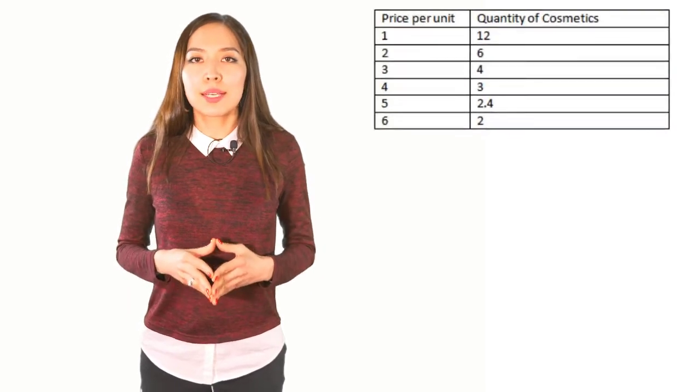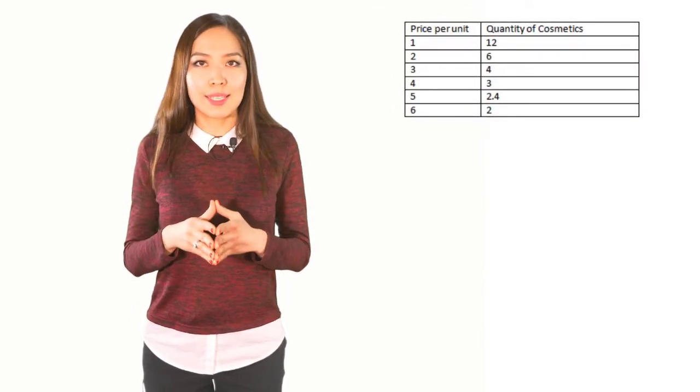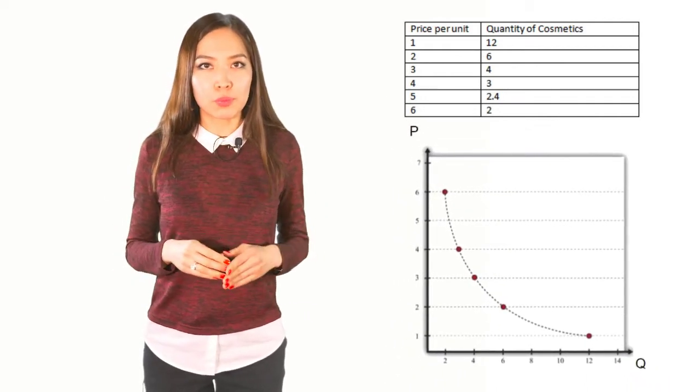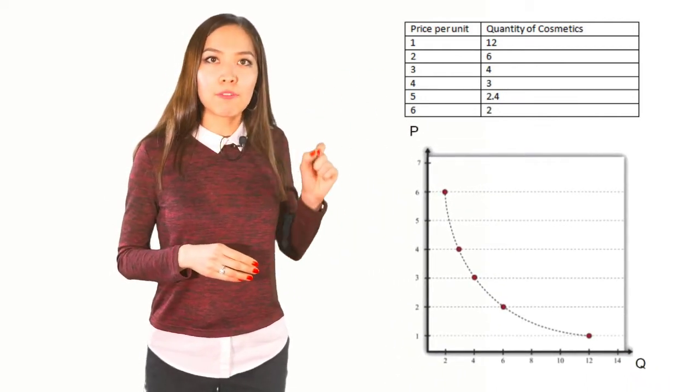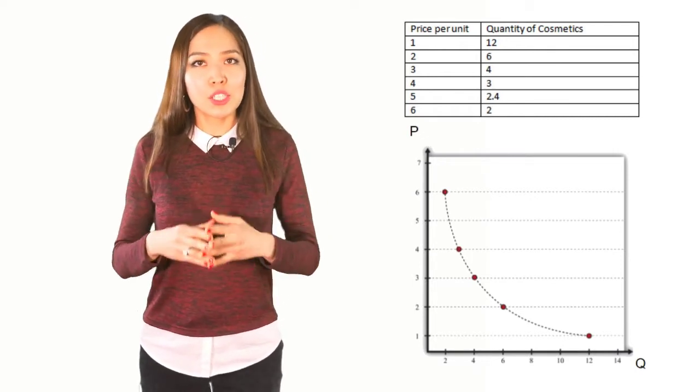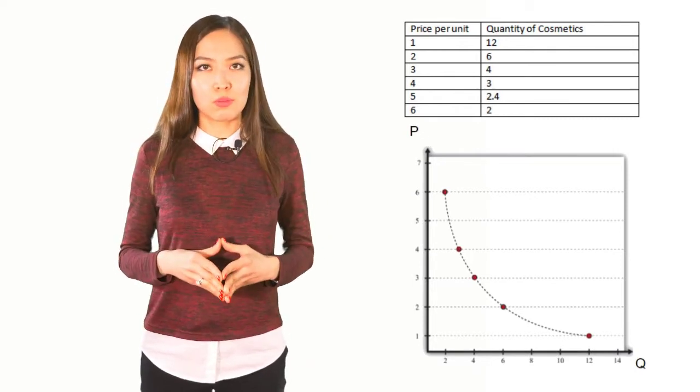For example, we might find that consumers' purchases of non-necessity goods, say cosmetics, look like those in the table as shown here. If we plot these points on a graph and then fill in the gaps, we get a diagram. This is your demand curve for cosmetics.